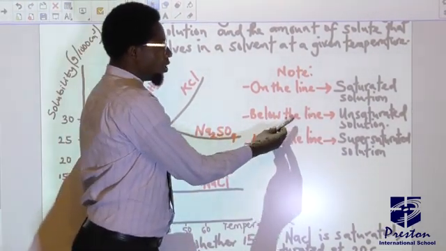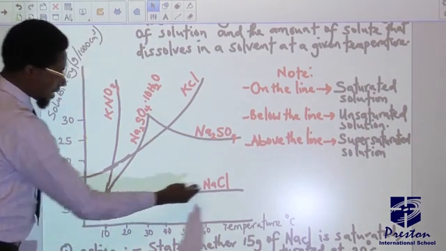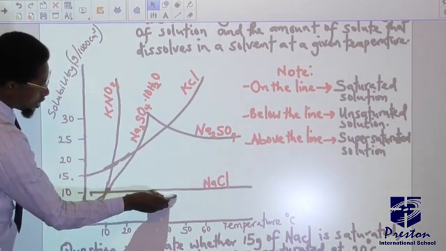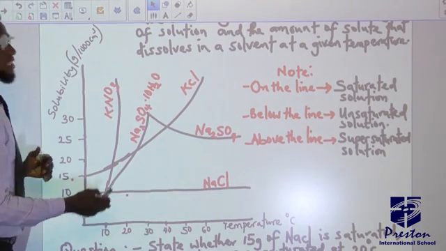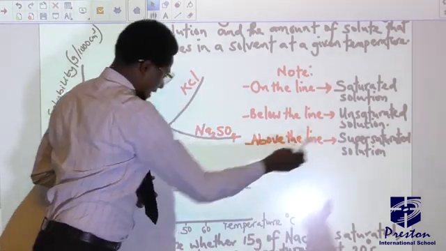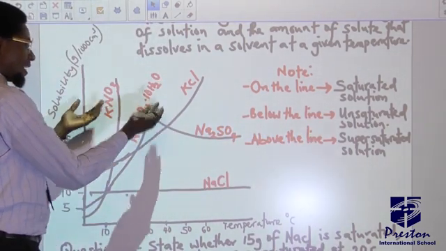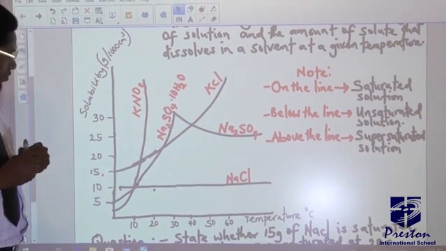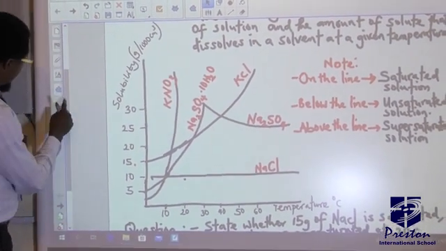But anything you have below this line, you call an unsaturated solution. While whatever you have above this line is called a supersaturated solution.